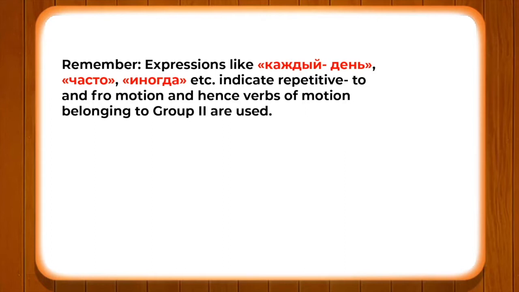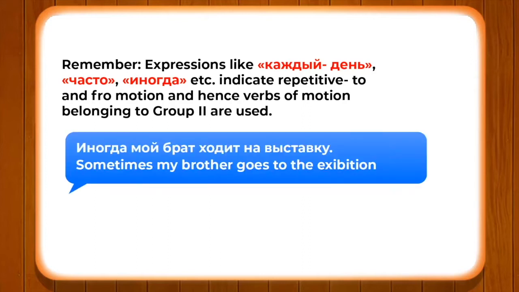So now let's pay attention to a few examples. Иногда мой брат ходит на выставку. Иногда means sometimes. Мой брат, my brother, ходит, goes, на выставку, to the exhibition. So here we have used the second group ходить because it's иногда. And каждый день, every day, он ездит в центр.